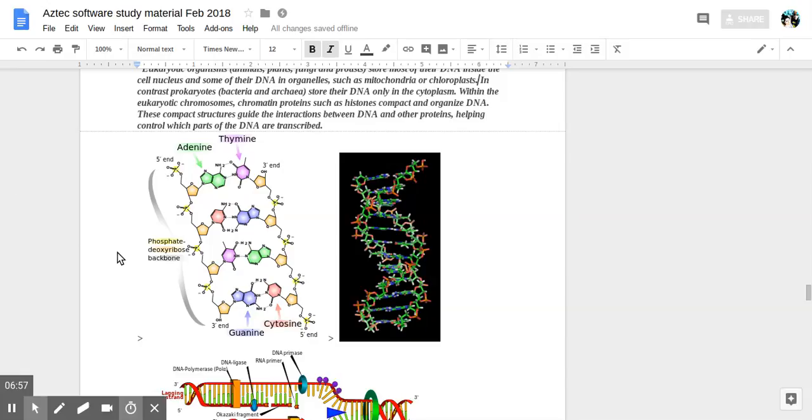You have a picture here showing exactly the DNA molecule structure: an adenine molecule, a thymine molecule, cytosine, and a guanine. And you have alternating phosphate and sugar, aka deoxyribose backbone.